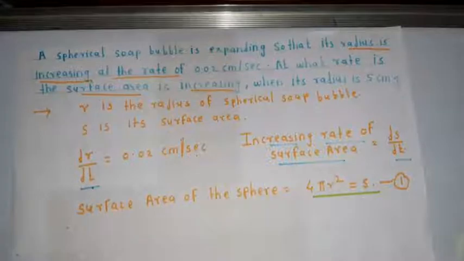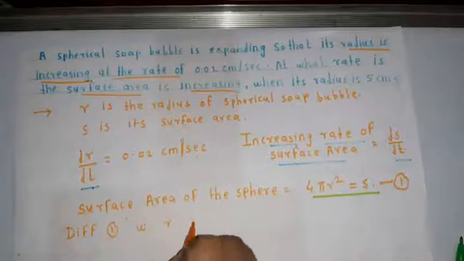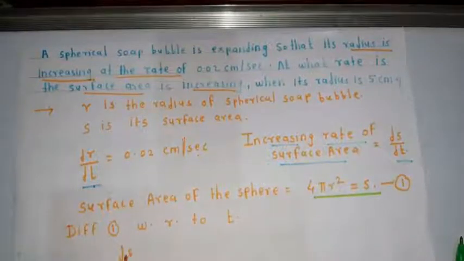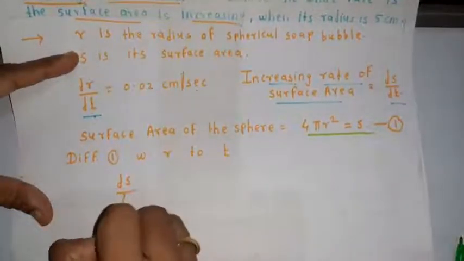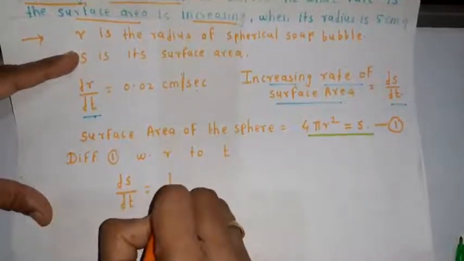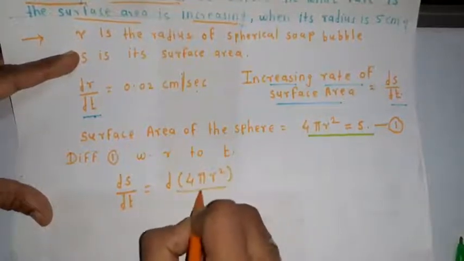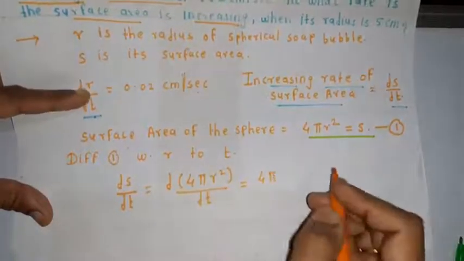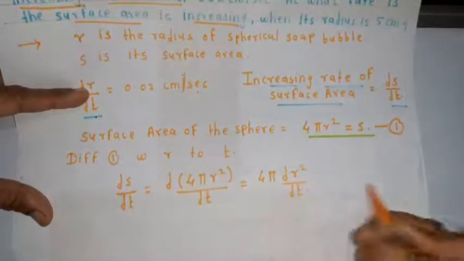We get ds by dt equal to differentiation of 4 pi r square with respect to t. Okay students, here 4 pi is constant. Differentiation of r square with respect to t.